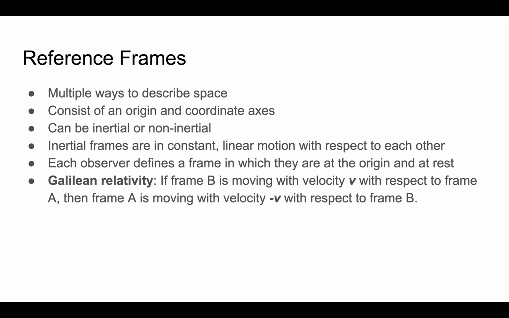But all that's important to know is that if you're in empty space, that is an inertial frame. If you're on Earth, that's not really an inertial frame, but it basically is. And the thing about inertial frames is that they're always moving in constant linear motion relative to each other.